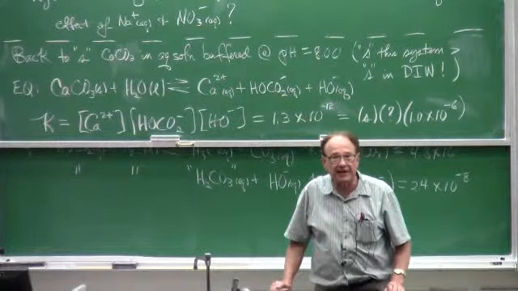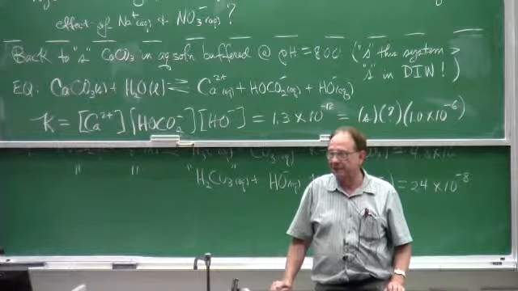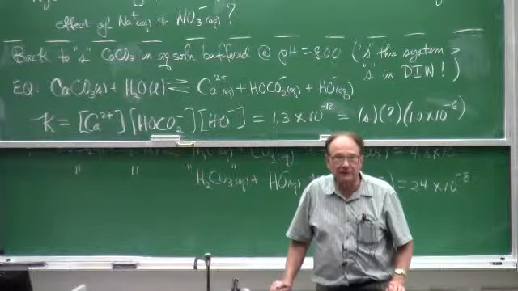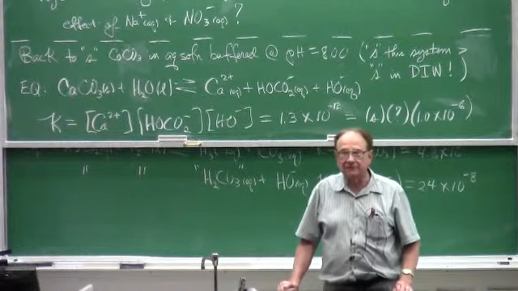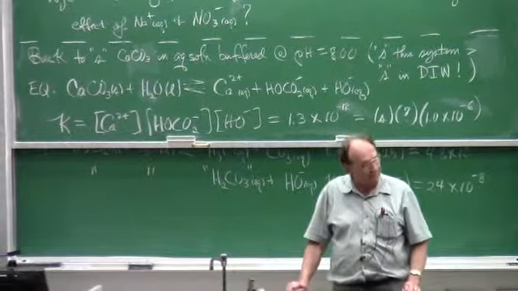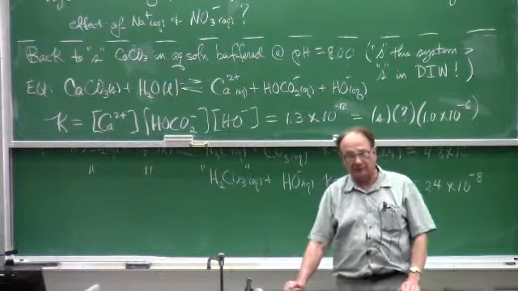Because you've come up with an answer which is flatly in disagreement with the chemistry of the system. Now, understanding the chemistry of the system, that's the hardest part. I'm sympathetic with you. That's the hardest part. But that's what chemistry is all about.